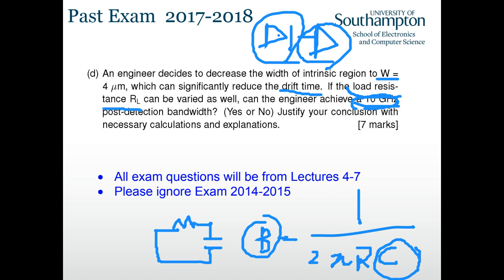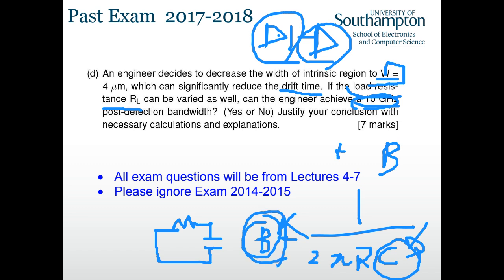So in the exam, if you worry that some parameters are not given to you, just give a discussion on these trade-offs. First of all, when you decrease the width, you decrease the drift time, and then you increase the bandwidth of the photodiode. But the whole bandwidth of the circuit is determined by the total capacitance.